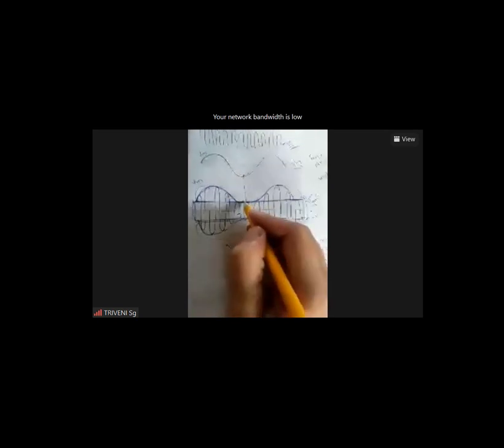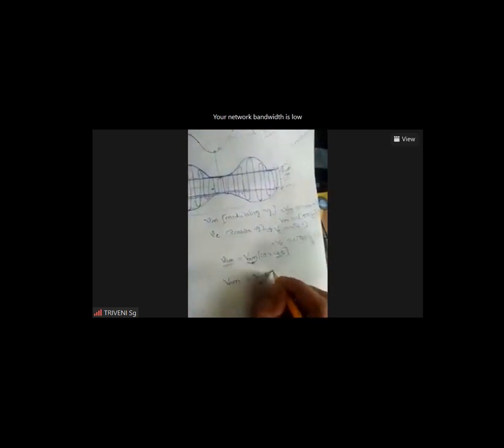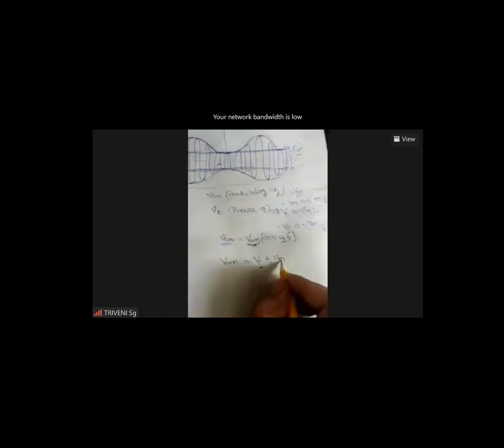Simply it is following the modulating signal. So we can write VC plus VM. Amplitude of the carrier signal plus message signal. By combining both of them, we get the modulated signal amplitude.